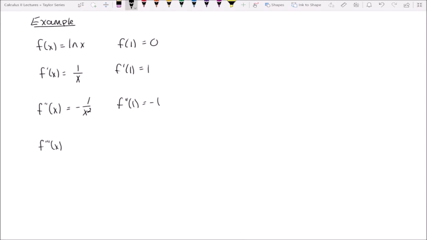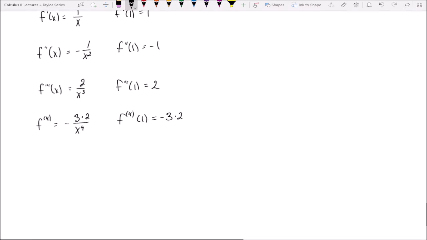Third derivative, 2 over x cubed. And so at 1 we get 2. Fourth derivative, we get negative 3 times 2 over x to the fourth. So evaluated at 1, we get negative 3 times 2.